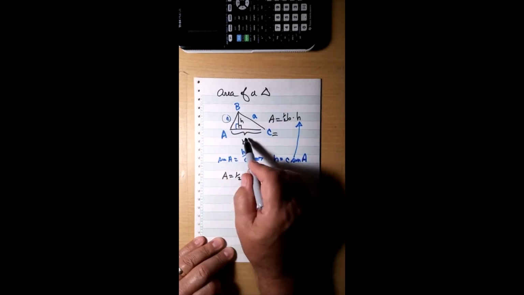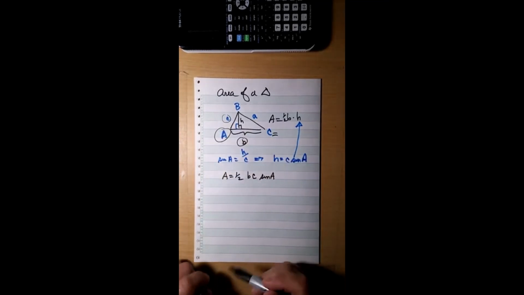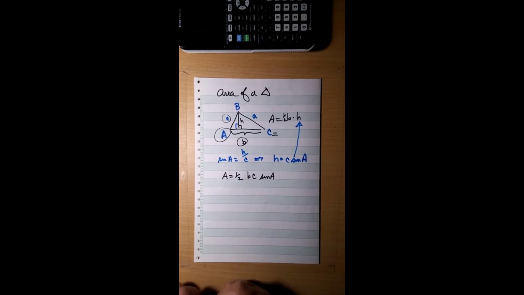Well, notice what that gives us. The B and the C and the A are part of a side angle side situation. This works for any angle and its adjacent sides.